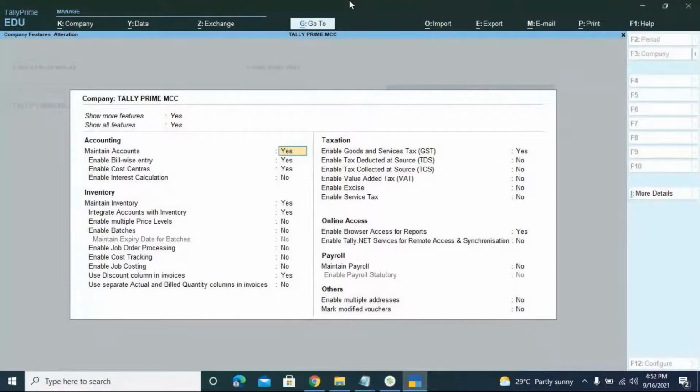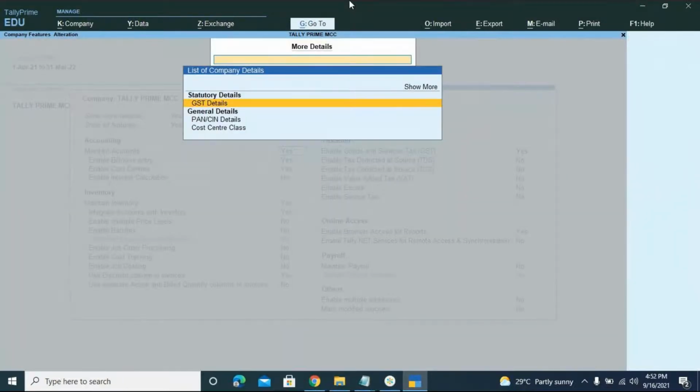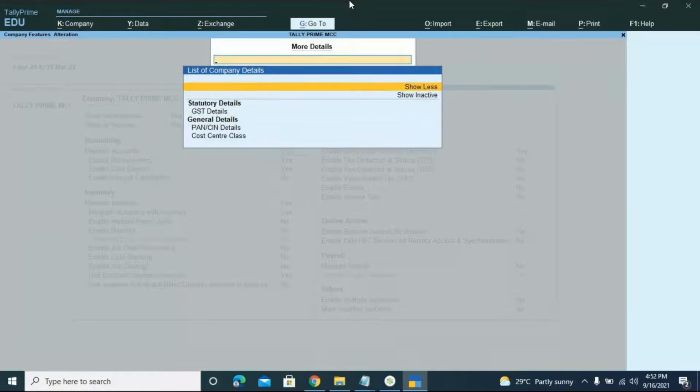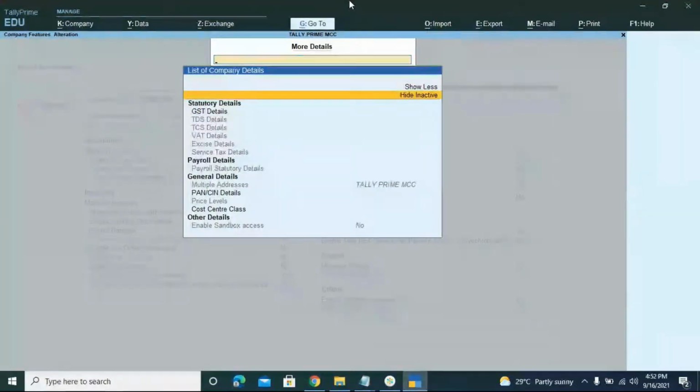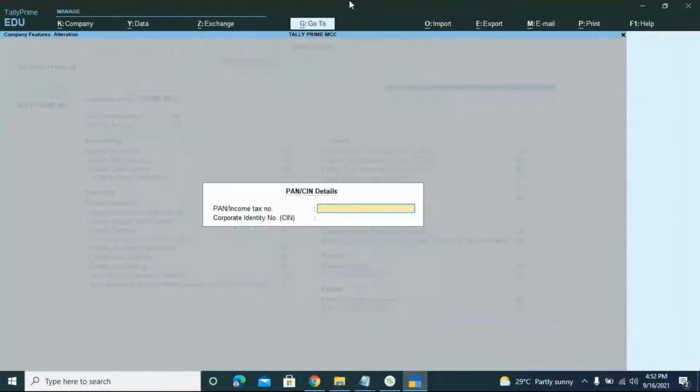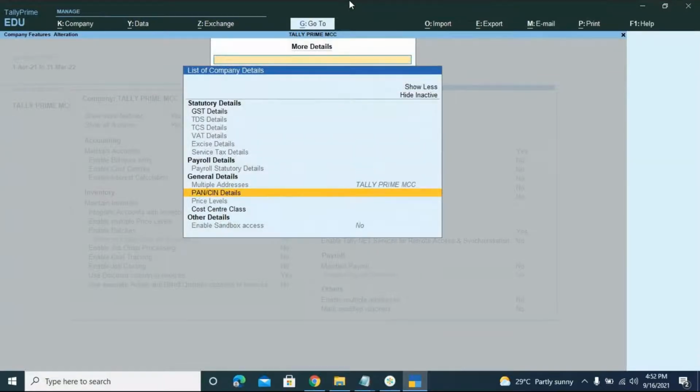In case you want some additional details, you can go for Control I. So we have show inactive, and all the details will be applicable. If you want to update the PAN details of the company, the PAN or income tax number, and the corporate identity number, both can be updated with the company instantly when you go for the company features itself.